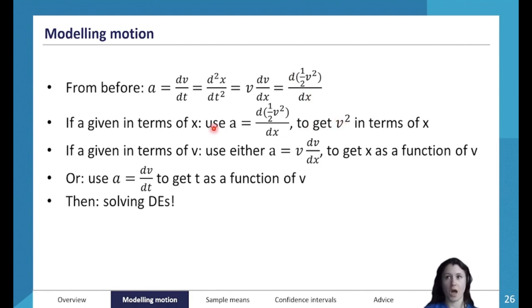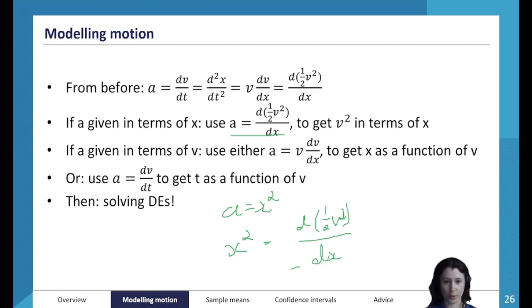Because if you're given a in terms of x, say a is equal to x squared, this is what you're given in the question. If you use this formula, you can say a, x squared, on the left hand side is equal to d half v squared on dx, and then you can use some differential equations. So you can take this up and say that that's x squared dx and solve it from there. Alright?